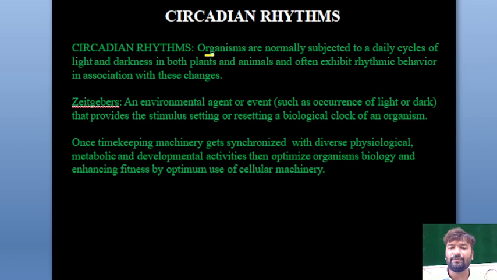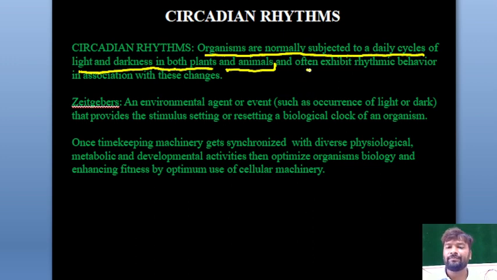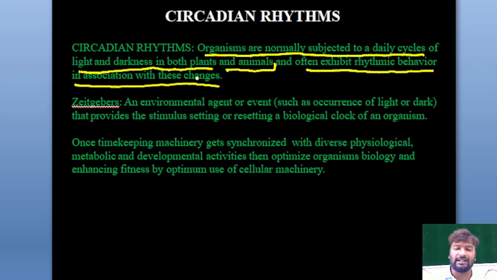Organisms are normally subjected to daily cycles of light and darkness in both plants and animals. So circadian rhythms occur in both plants and animals, and often exhibit rhythmic behavior in association with these changes.